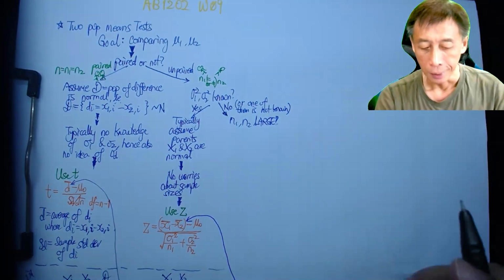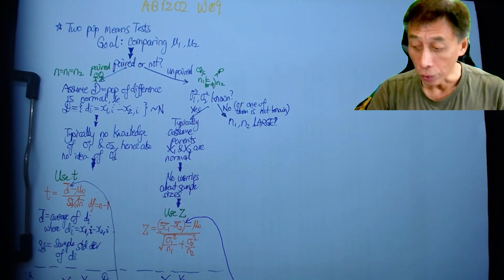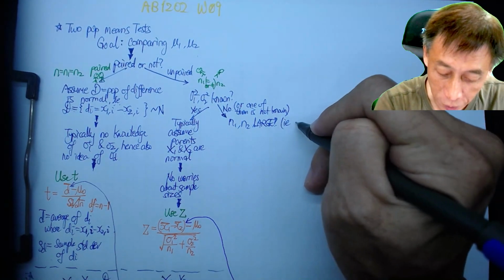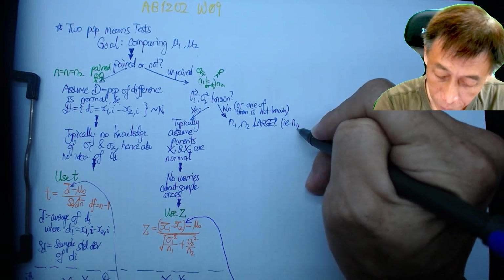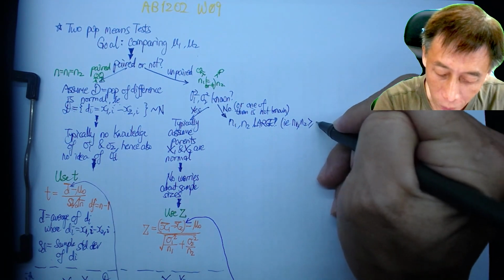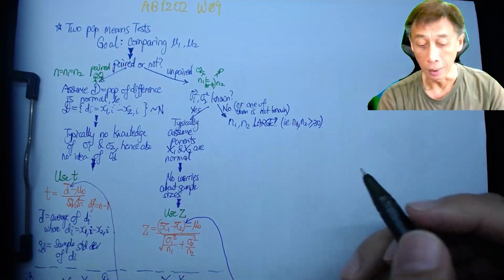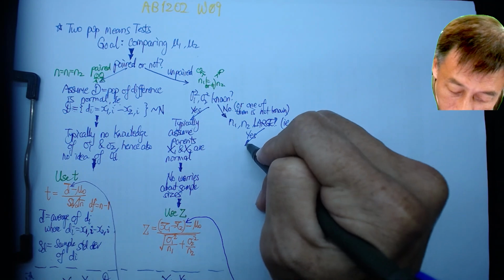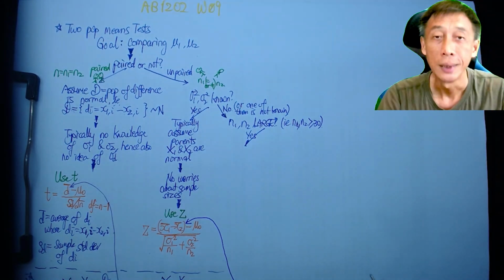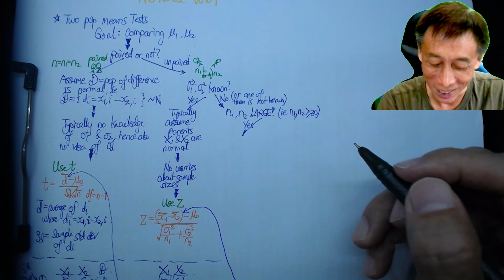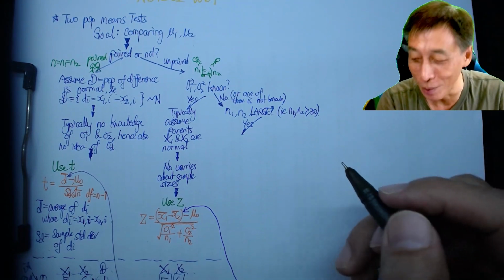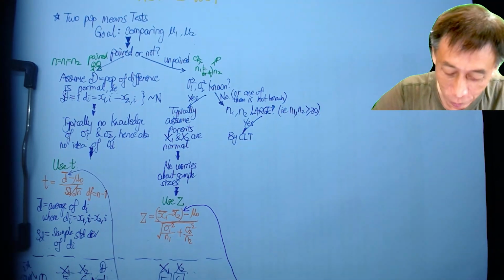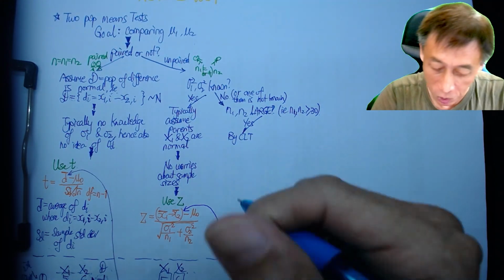Large or not obviously has to do with the central limit theorem. Are 1 and 2 both larger than 30? If yes, then of course, license to kill. License to assume normal. So yes, by CLT. Well, that's important enough, so we say by CLT.